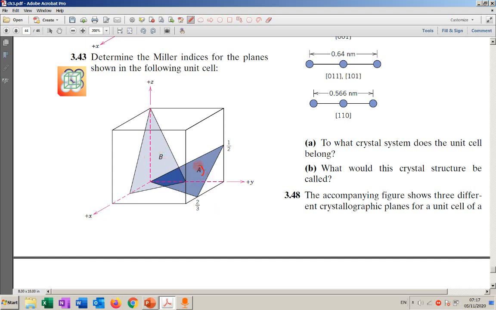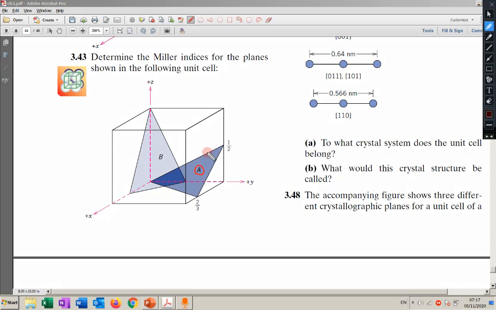We did B. Now we're looking at A. I'm looking at finding the intercepts; this is the origin, and we want to find the intercept of plane A with the axes A, B, and C. It's very easy to understand that we cannot find those three intercepts. Why?